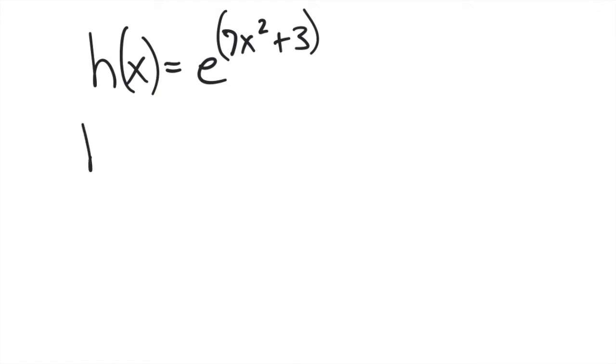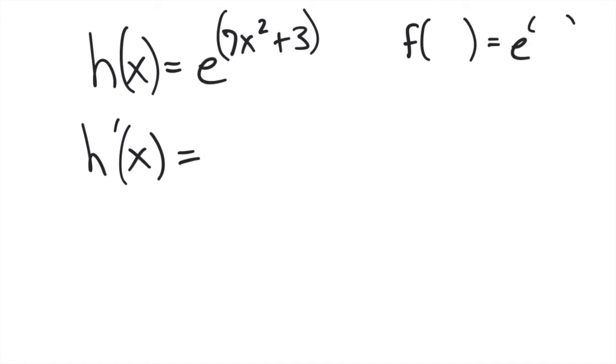So right here, if we're trying to find h prime of x, that's our goal, we can take the derivative of the outside function. So let me just set this aside for a second. F of something, the outside function, is going to be e to the power of something, and then g of x, the function on the inside, is going to be 7x squared plus 3.